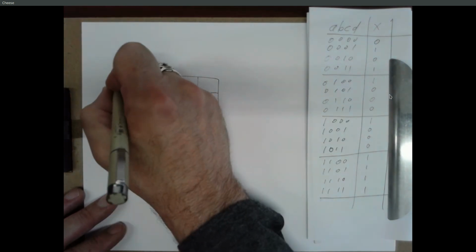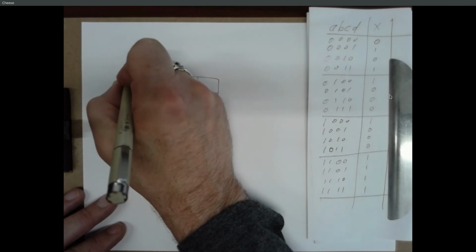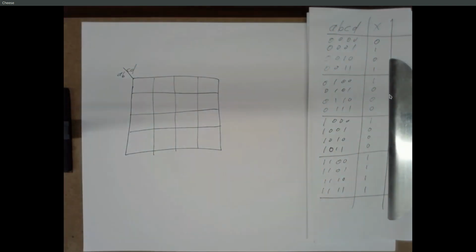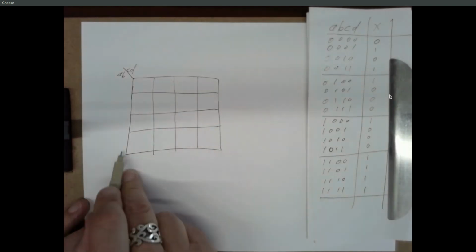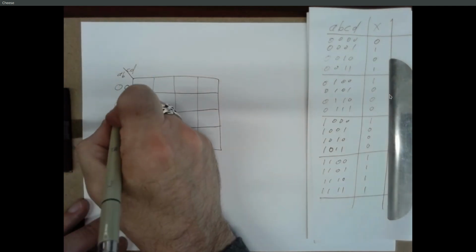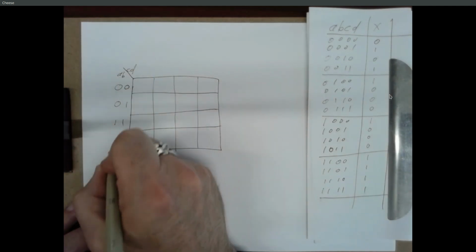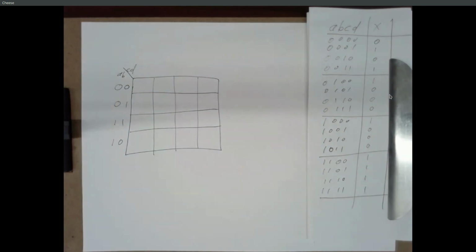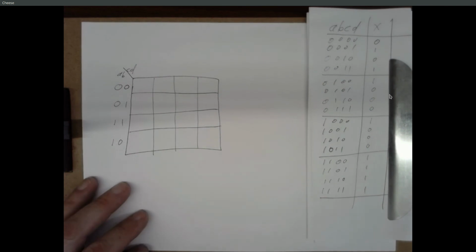And I'm going to take my inputs and label them like this, A, B, and then C, D. And I'm going to put down all the possible values for A, B down this first column. And we're going to do this in a peculiar order. I'm going to do 0 0, 0 1, and then 1 1, and then 1 0.